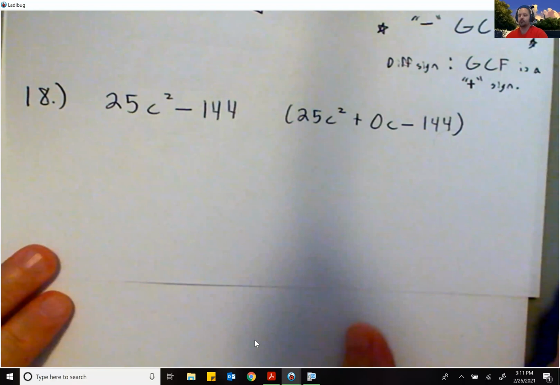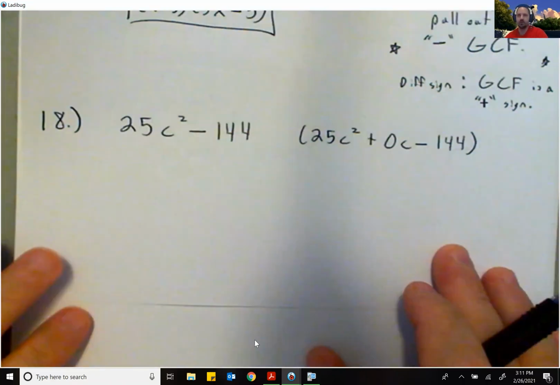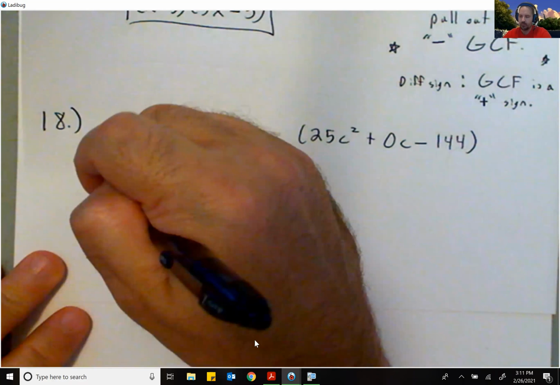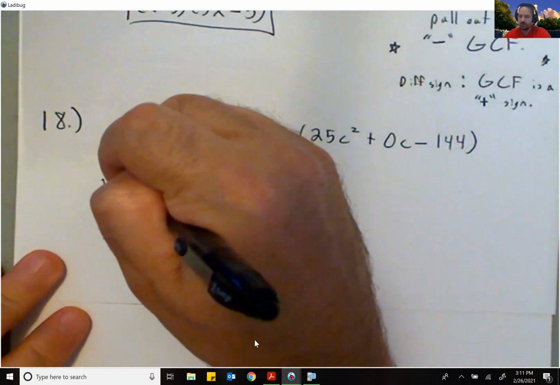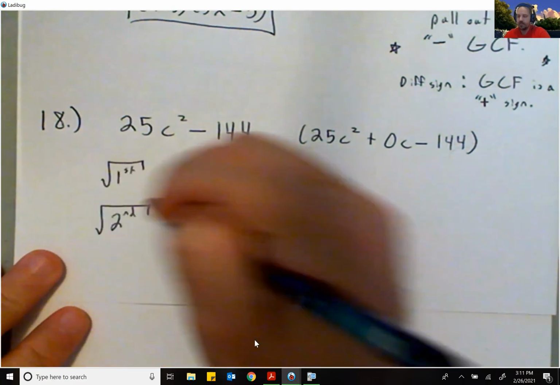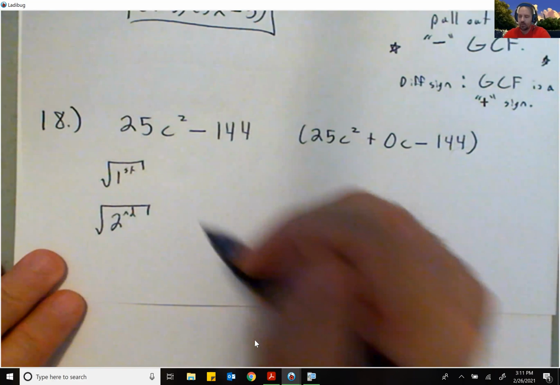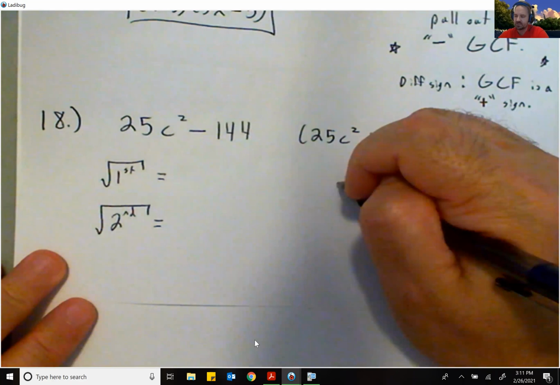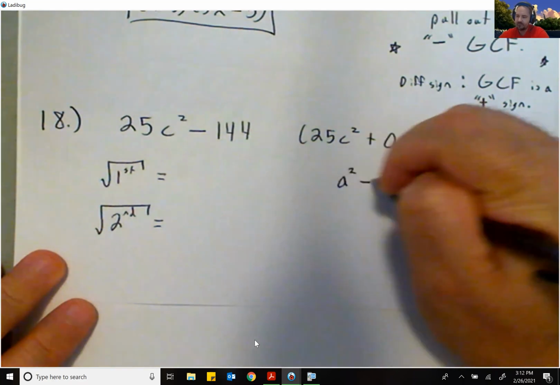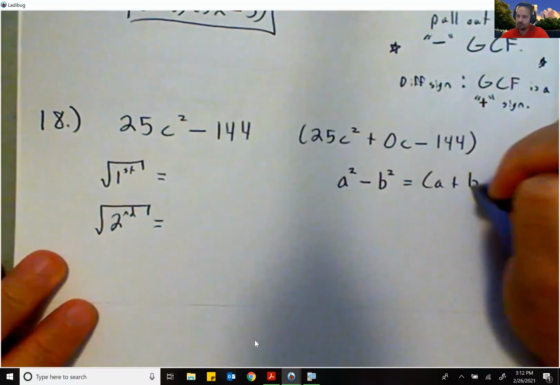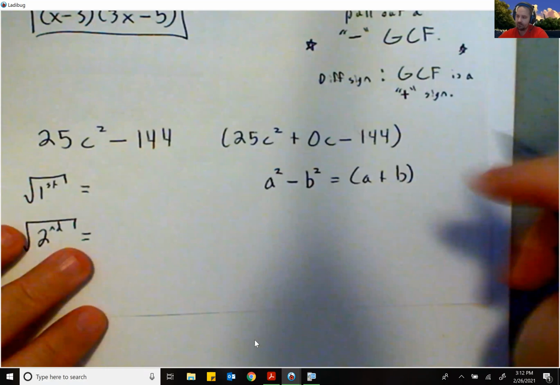Or there's a faster way to do this, which is what I call the square root method, which is what a lot of professors teach you. What you're going to do is take the square root of the first term, and take the square root of the second term. And these are going to be your answers that we will put into parentheses, because a difference of squares factors like this: a plus b, a minus b.